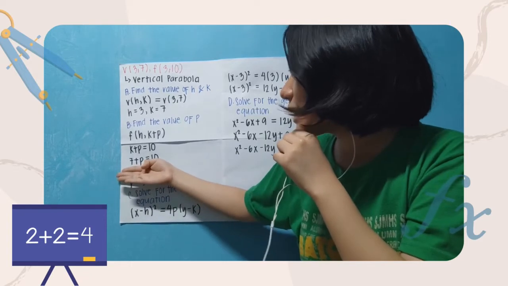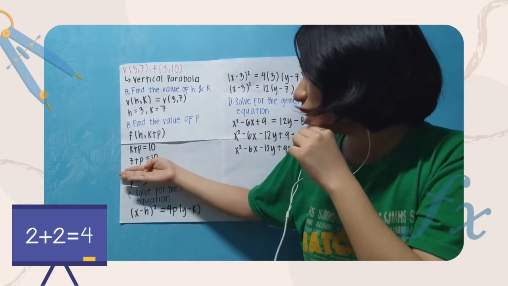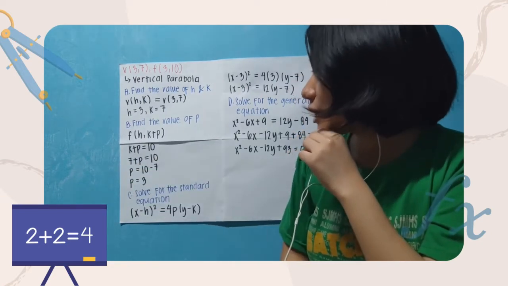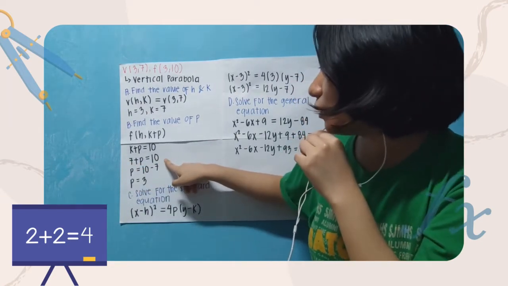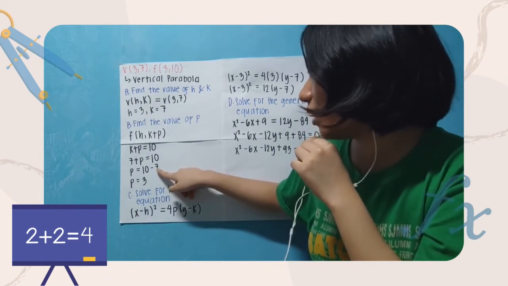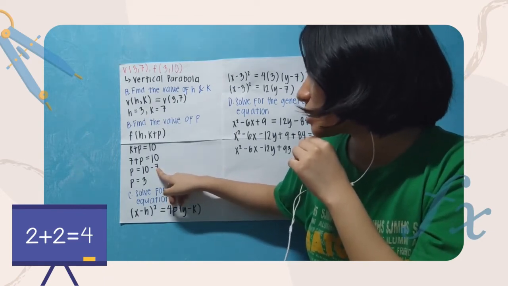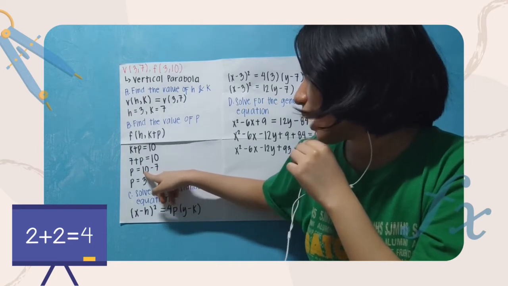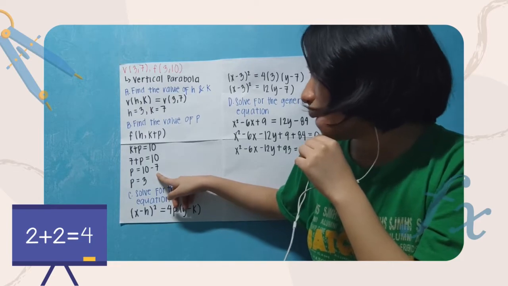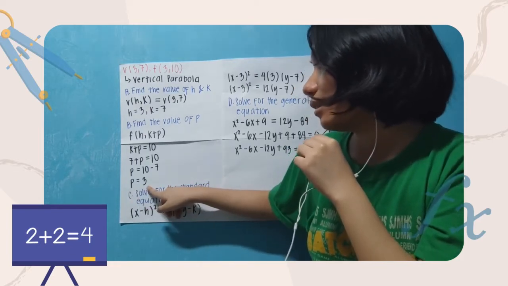So this gives us 7 plus p equals 10. Then just transpose 7 to the right side and this becomes negative 7. And just subtract 7 from 10, and that gives us p equals 3.